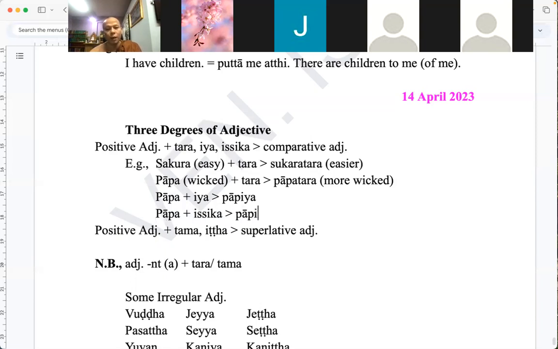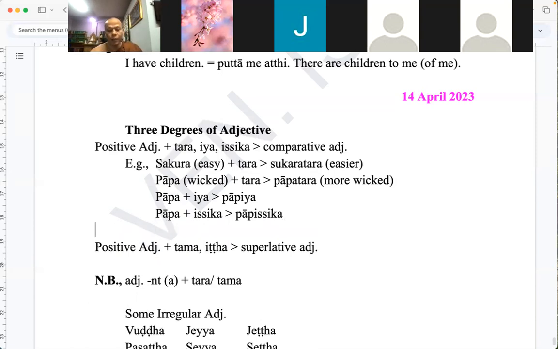So pāpasika. The same meaning, wicked, more wicked. In this way we form. So most of the adjectives, by adding the tara suffix, mostly tara suffix, but for some words like the pāpa, iya or asika, we form the comparative adjective.